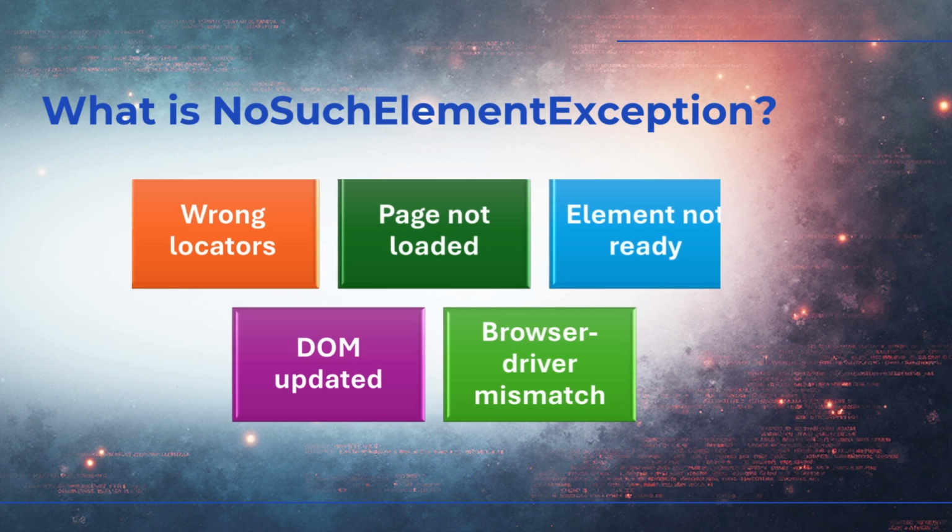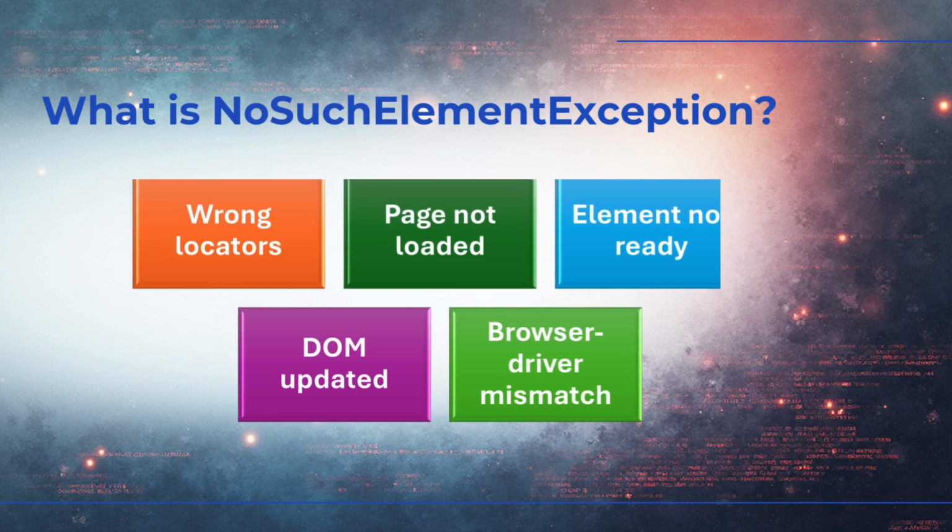Let's understand what this exception really represents in the Selenium world. Whenever you write something like findElement, Selenium sends a command to the browser saying, please search the current DOM for an element that matches this locator. The key phrase here is current DOM.